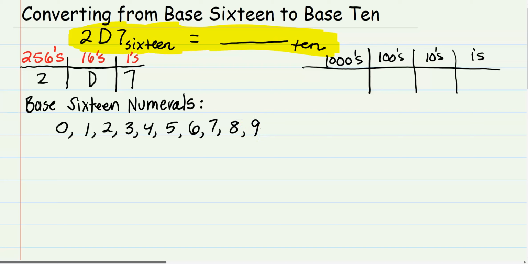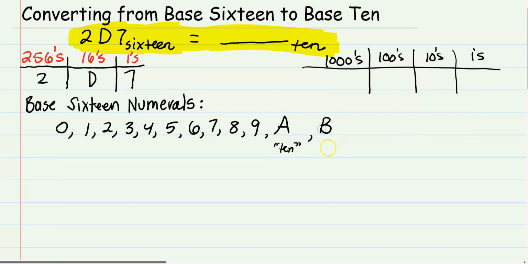Well, how do we write 10 in base 10? We write 1, 0. But we're just reusing the numeral 1 and the numeral 0. The 1, 0 is not a good numeral. We have to create a new numeral that represents 10 in base 16. For this class, we will use the alphabet after the numbers. So A would represent 10.